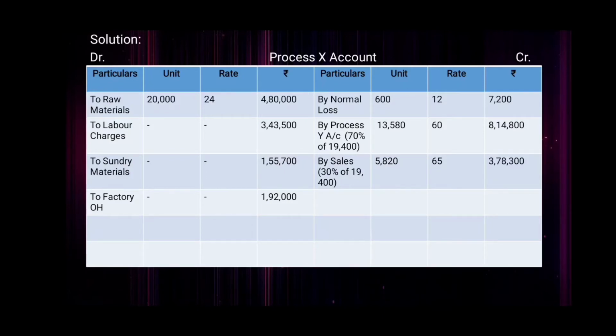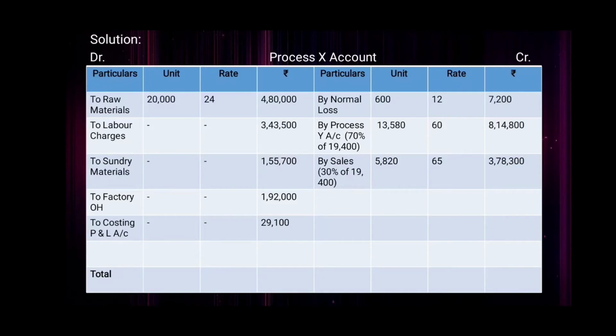So the total amount will be 3,78,300. So the balancing figure will be transferred to costing profit and loss account, which is 29,100.